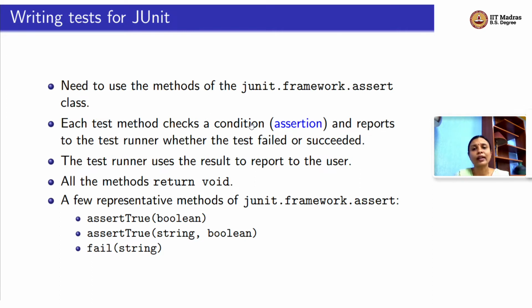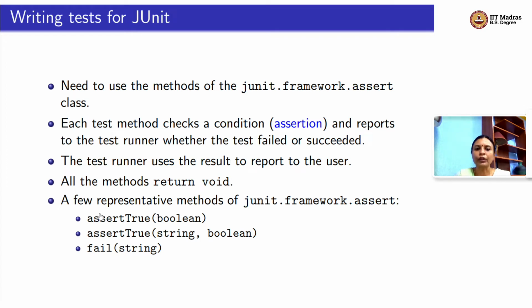You could write various kinds of assertions to check for yourself whether a particular test case has succeeded or failed. The test runner, as I told you, is basically used to report the results to the tester or the user. All the methods in JUnit will return void.